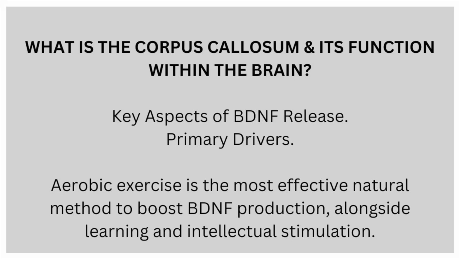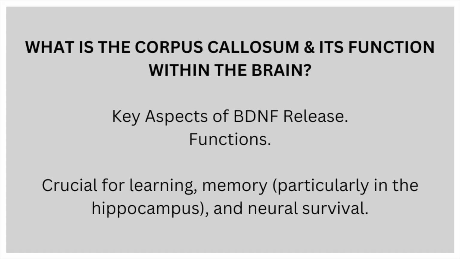Primary drivers. Aerobic exercise is the most effective natural method to boost BDNF production, alongside learning and intellectual stimulation. You see, there you go, like I just said. Learning and brain stimulation will boost BDNF release. Functions.